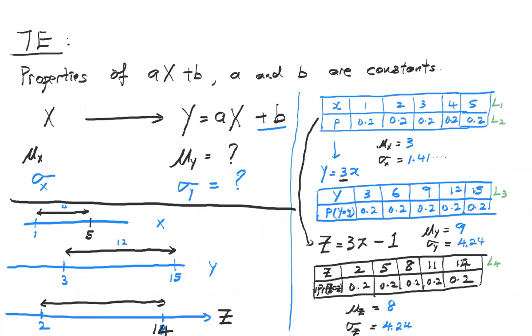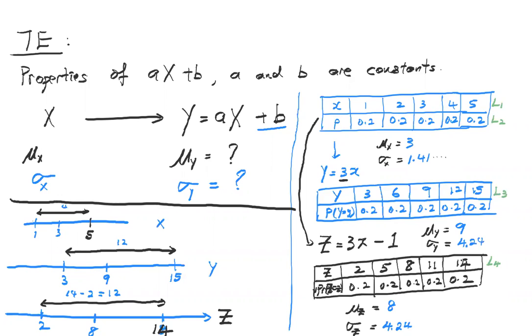Are you clear? It will not affect the spread. So this is 14 minus 2, which gives you 12. But the mean is here, the mean is here. So this mean is 9, 9 becomes 8. So this mean is 3. So you see?